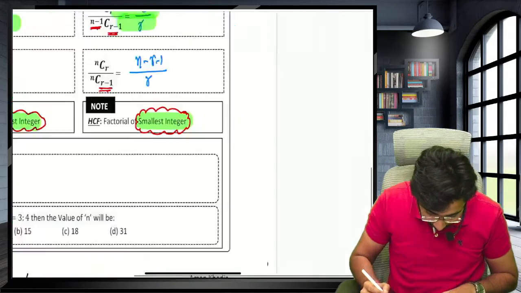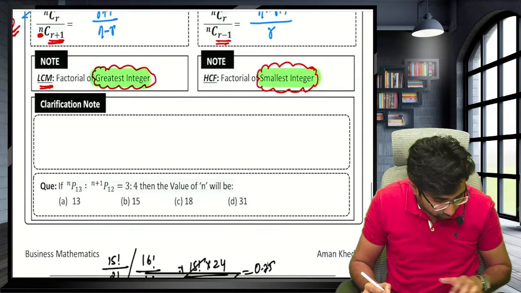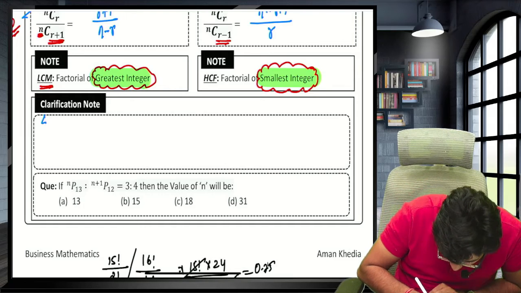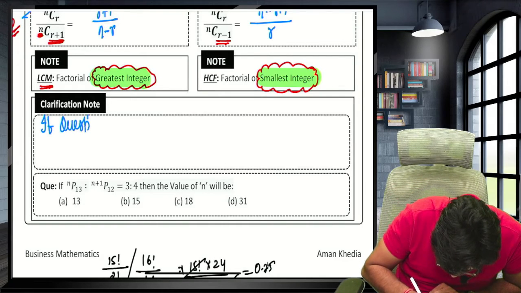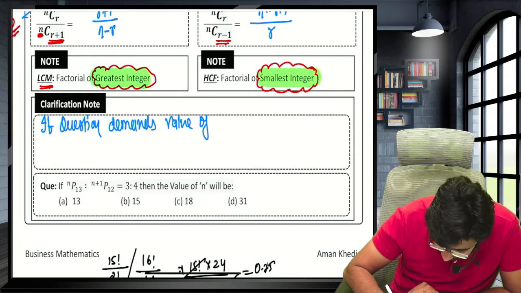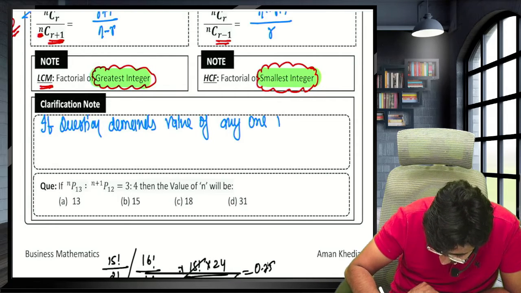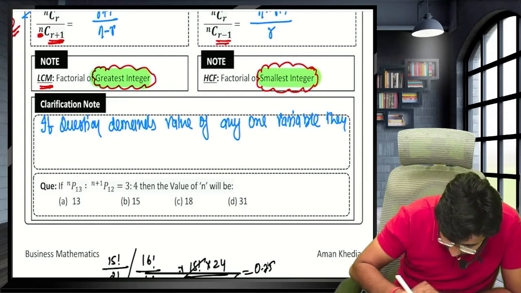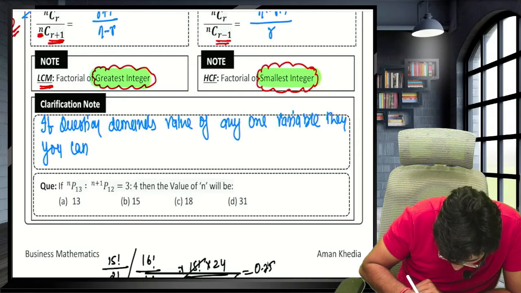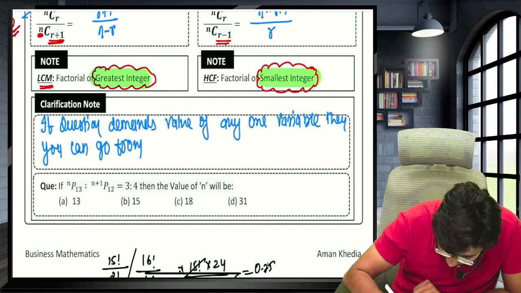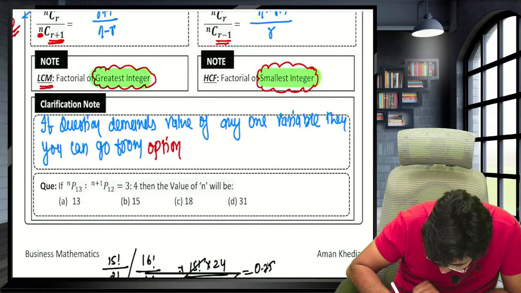Now, write down one note over here. Guys, write down one clarification note over here. If the question demands the value of any one variable, then you can go from option to question.